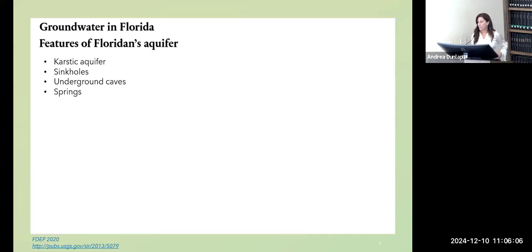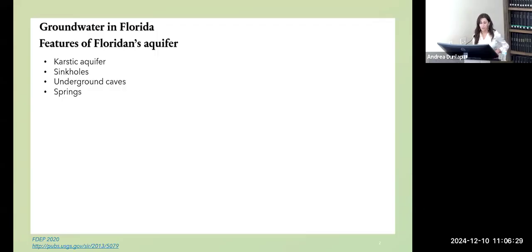And also because of the specific geology and climate condition in Florida, this aquifer system is very unique. This karstic aquifer, with the presence of sinkholes, underground caves, and springs everywhere, makes itself very connected to surface water.